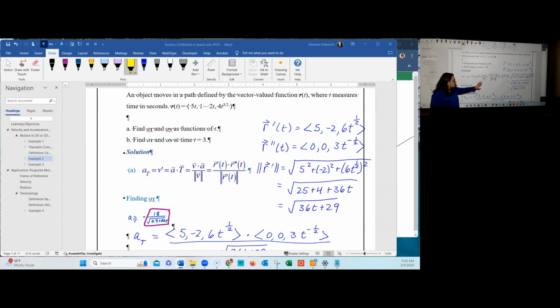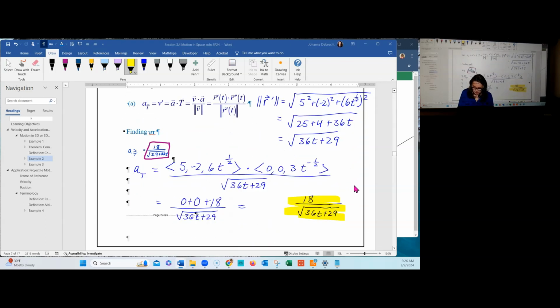I put this into the formula where I dot the velocity vector with the acceleration vector and divide by the speed, which is the magnitude of the velocity vector. You can see down here at the bottom that I end up with 18 for the dot product of velocity and acceleration, and then I divide by the speed.